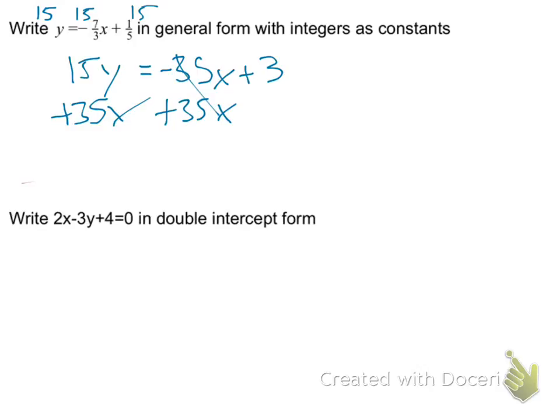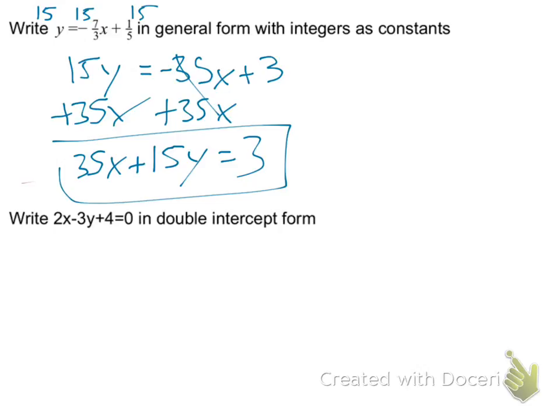Now, in standard form, or general form, sorry, x's went first, so it'll be 35x plus 15y is equal to 3. Done. Any questions? That's how easy they can be.